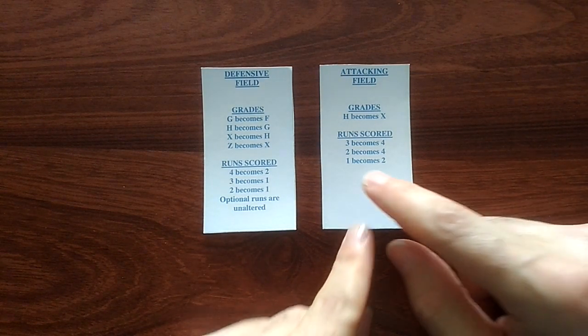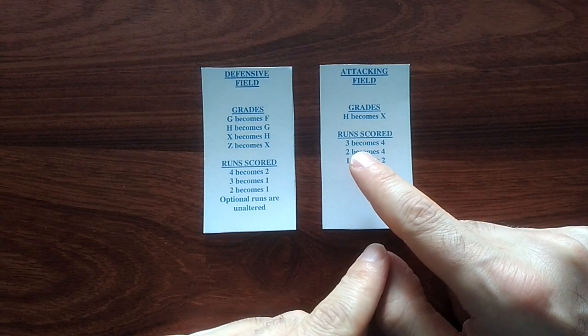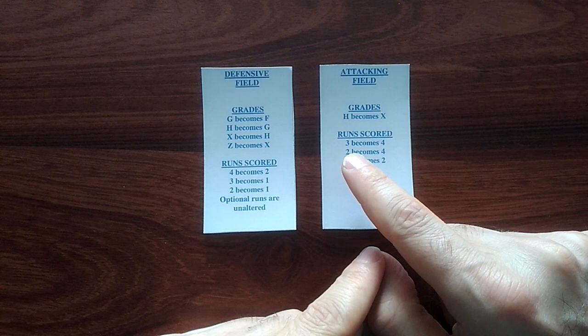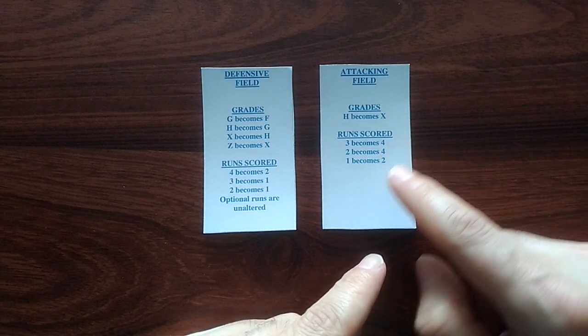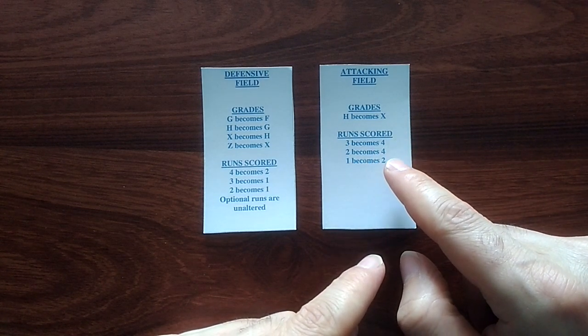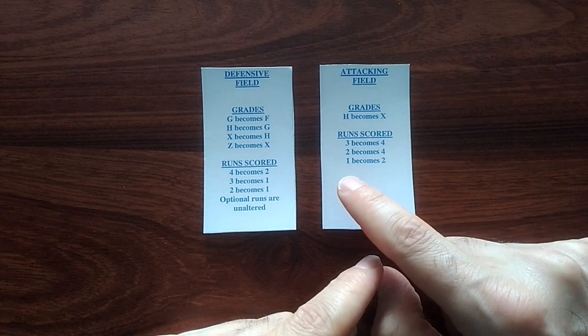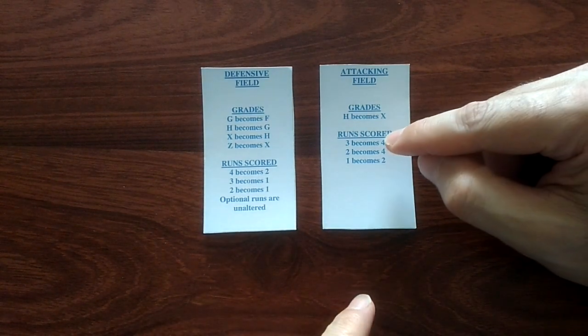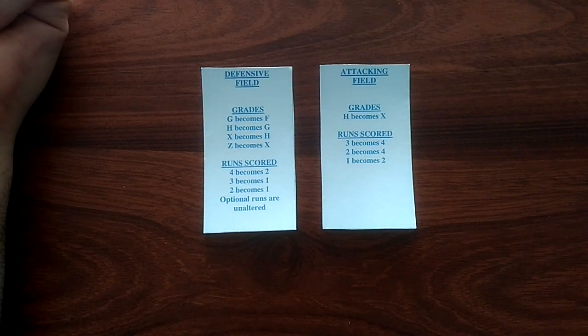So you can see here that if the attacking field comes up, a 3 runs becomes a boundary 4, a 2 run becomes a boundary 4, and a 1 run becomes a 2. So any time the attacking field is called for, more runs can be scored from a 3, 2 or a 1.